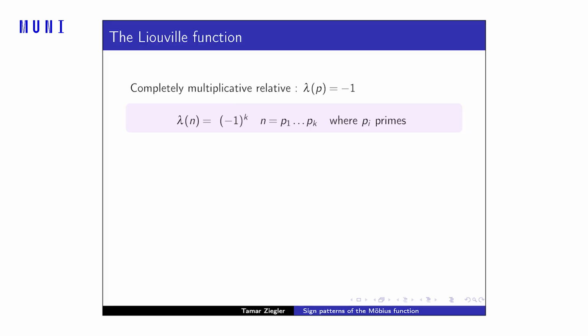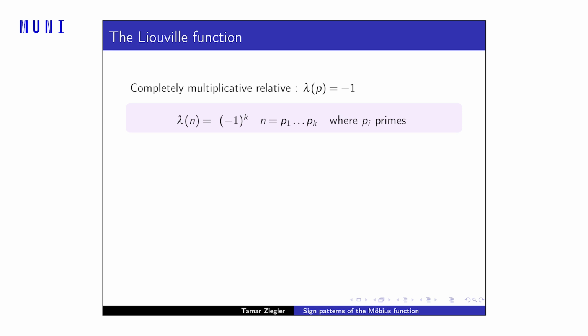The title of the talk is about the Mobius function, but really it has a friend, which is called the Liouville function. The Liouville function is almost the same as the Mobius function, but it is what is called a completely multiplicative function. What does completely multiplicative say?